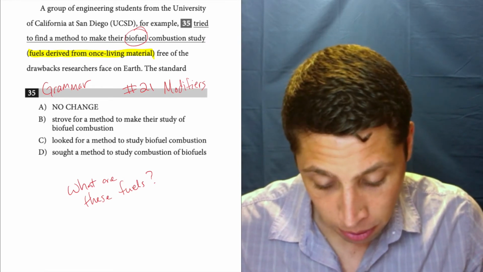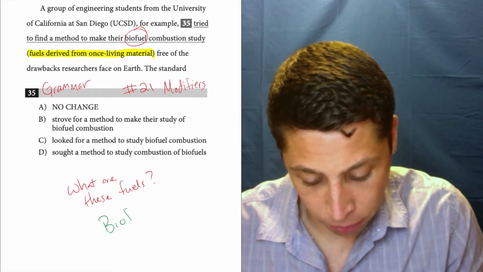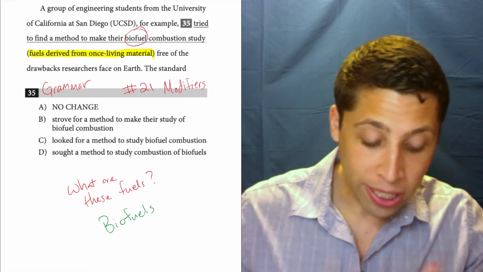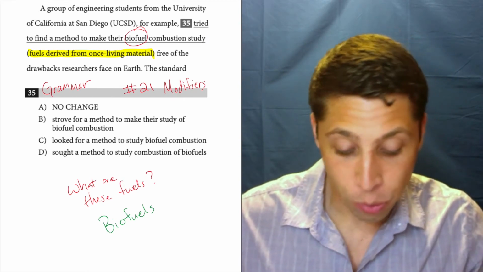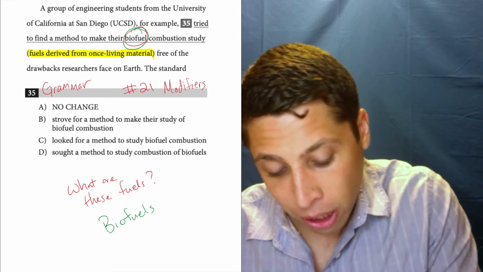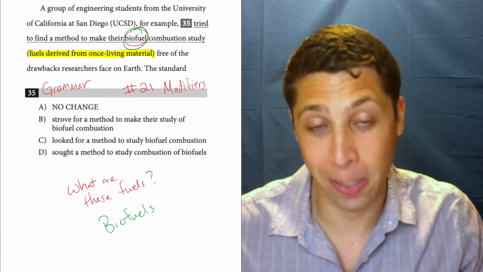So that's our answer. Let's put that in green here. Biofuels. So what we need to do is make sure that that word biofuels is as close to the description, the definition, as possible.